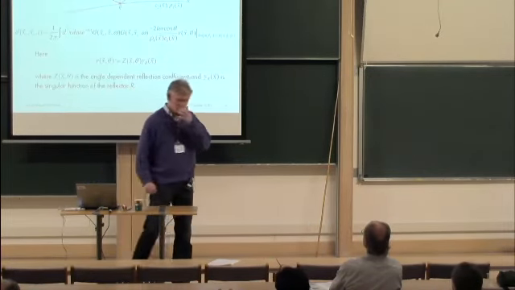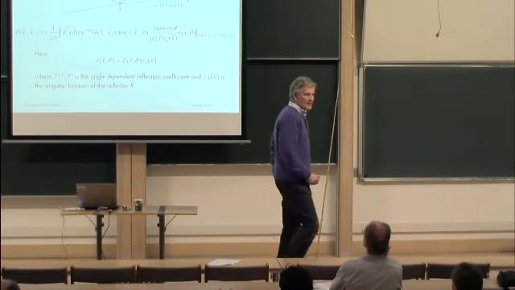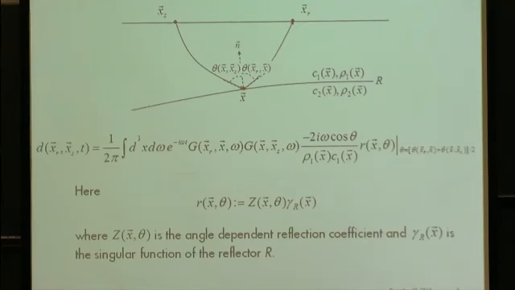How do these Zoeppritz coefficients come into the Kirchhoff integral? So I've written down the Kirchhoff integral here. Really what you want to do, you have a situation where you have a source and a receiver and some smooth reflector, and you want to describe the singly scattered seismic data from that reflector.